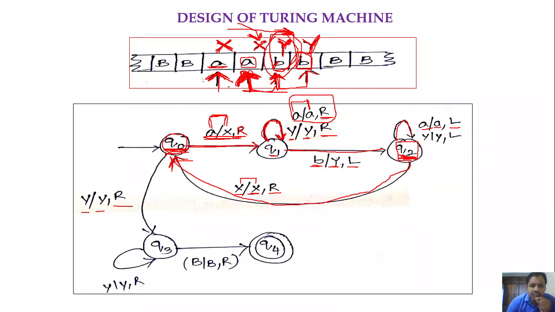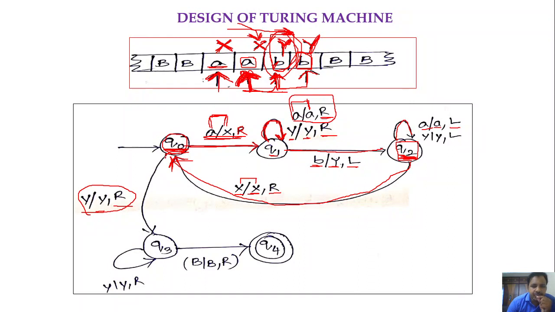If we got y in q0, it means we have marked all a's, and we are moving the head towards the right to check whether any b's are left or not. Do we have any more b's than a's? That we have to check. That's why when we get y in q0, we keep that y as it is and move the head towards the right side.